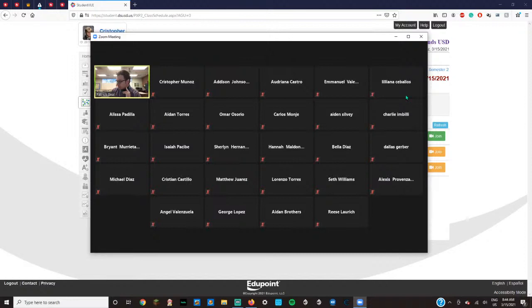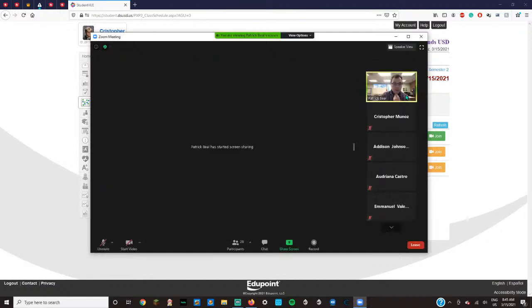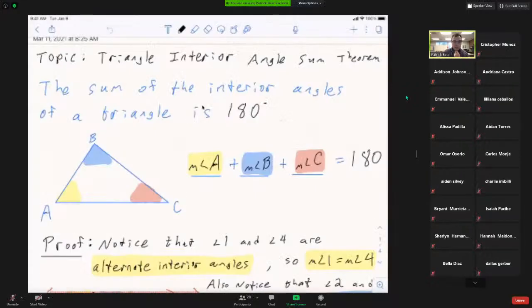So remember that last week we were looking at triangles, specifically the angles inside a triangle, and we discovered that, oh, I'm not sharing my screen. Hold on a second. There we go.